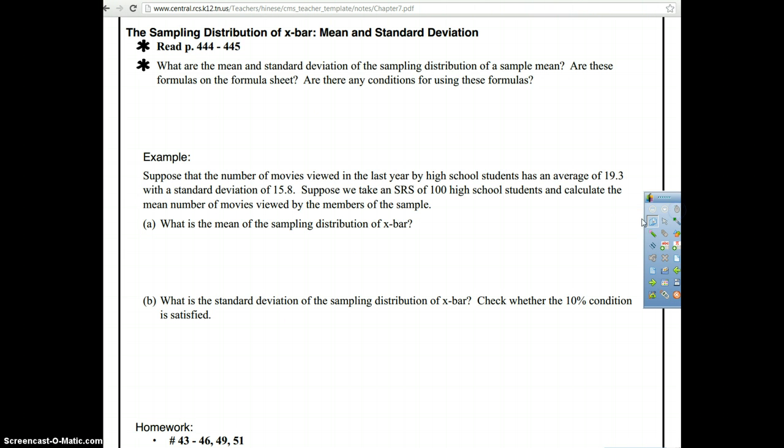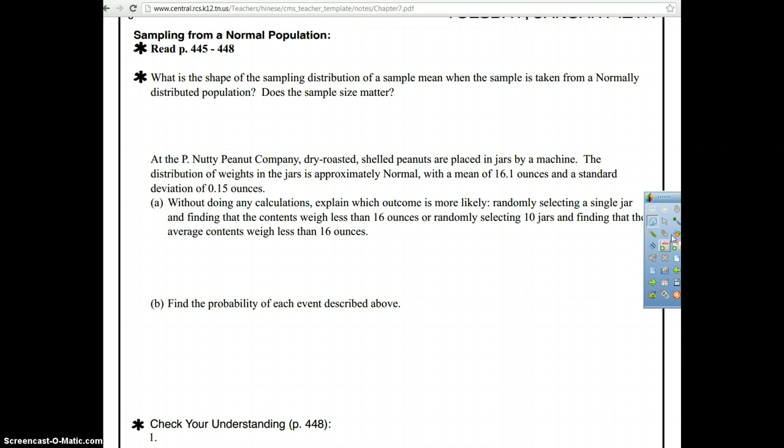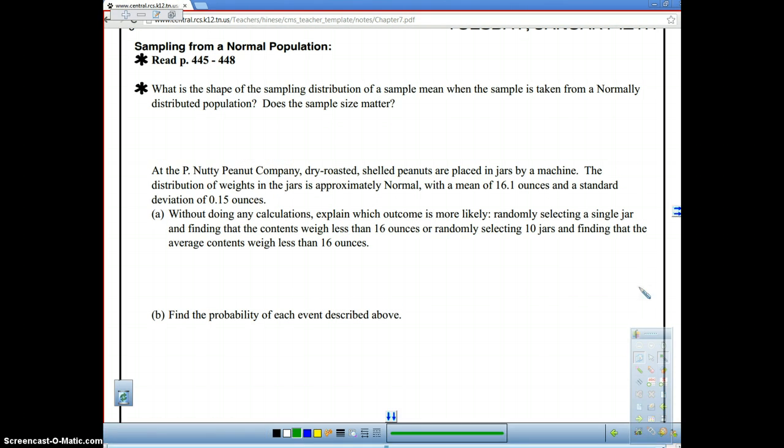So let's look at what we actually do with these formulas. Okay, with these formulas, I can use my normal approximations as long as the sampling distribution is normal. However, lucky for us, and like we noticed yesterday, when a sample is taken from a normally distributed population, the sampling distribution is normal, no matter the sample size.